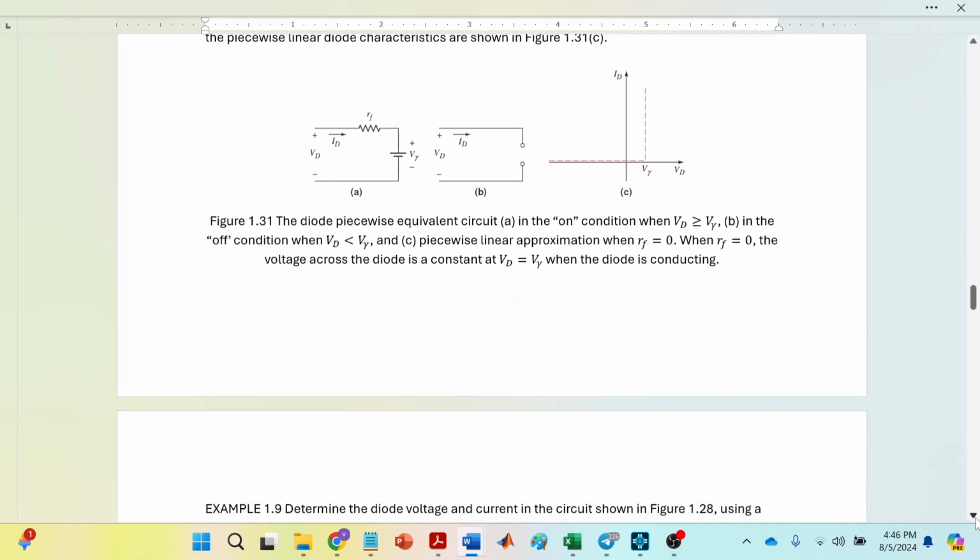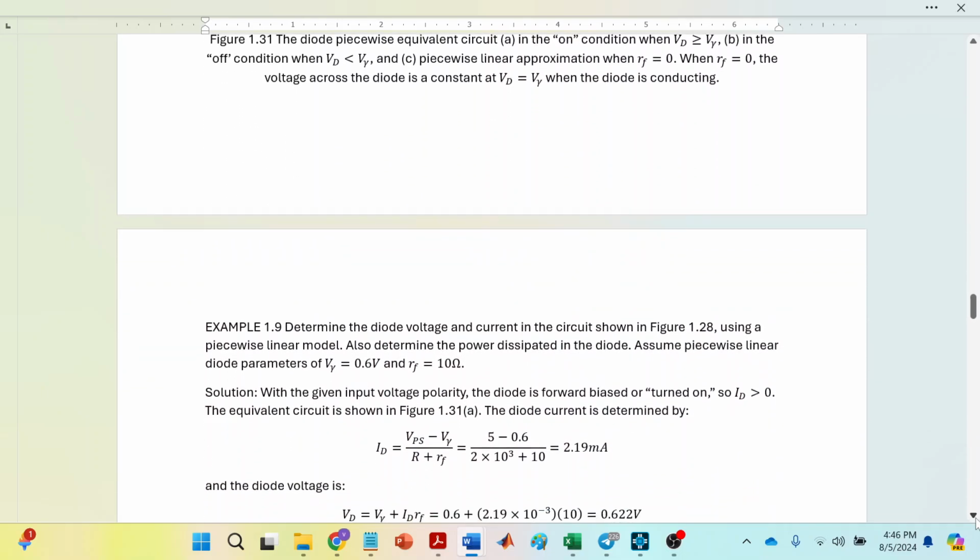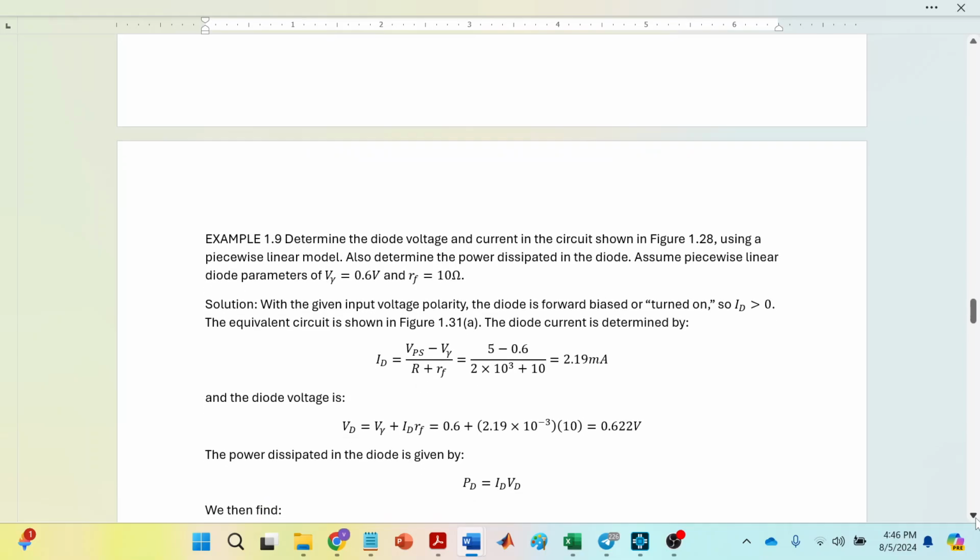So we are going to use an example now to determine the diode voltage and the diode current in that same circuit. So using piecewise linear approximation, the V gamma is given as 0.6 volts and the forward diode resistance is given as 10 ohms.